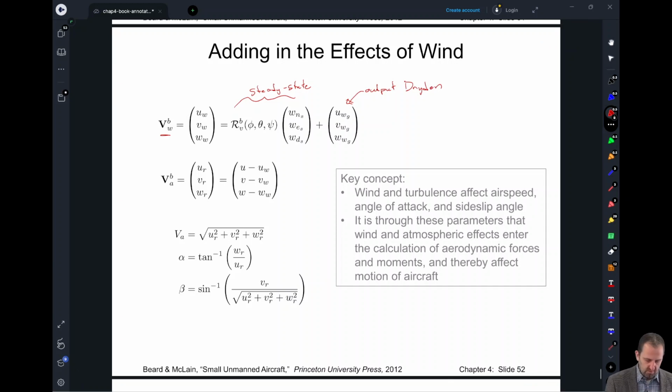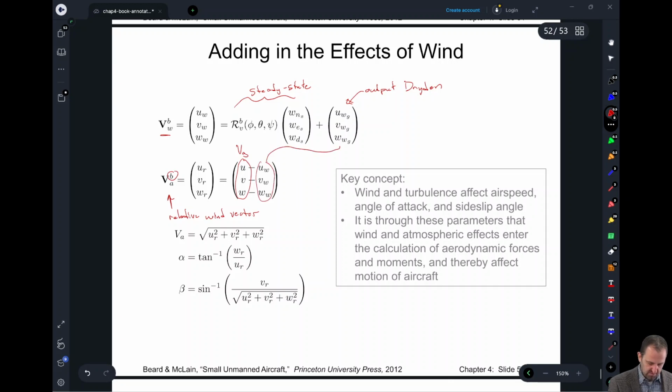And then we have our relative wind vector right here, expressed in the body frame. So this was our V sub G, and this guy right here is our V sub W in the body frame.